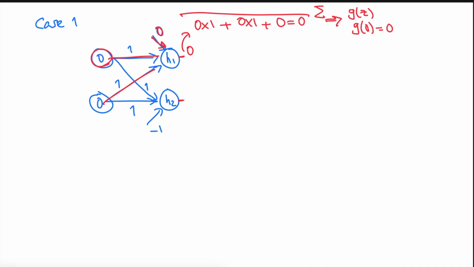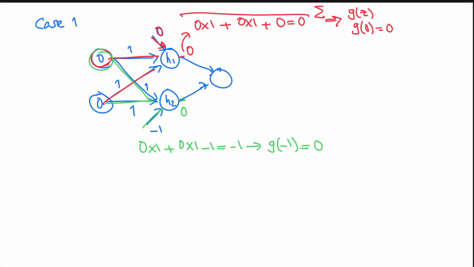Now we repeat the same exact process for H2. So we have the node 0 times 1, another 0 times 1, but remember in this case the bias term is -1, so therefore the entire summation, if we calculate, is -1. And if we pass this through our activation function G, we get 0, because remember that's how that ReLU function works.